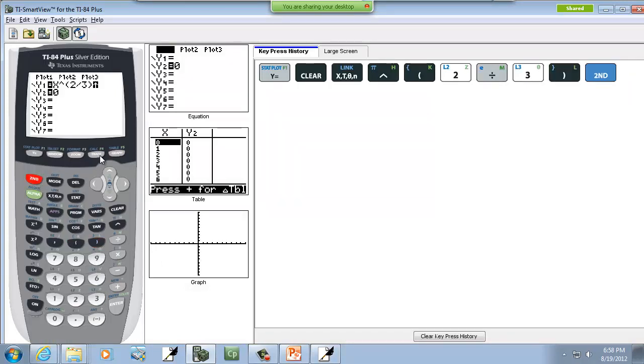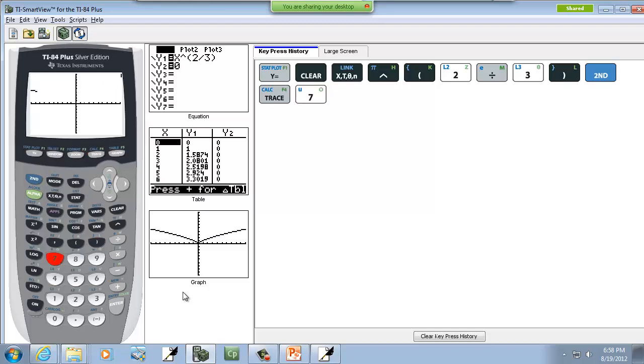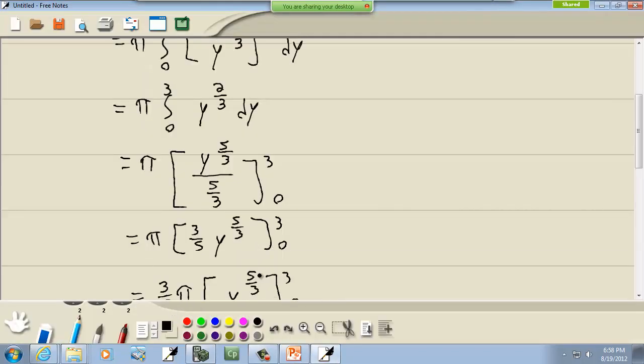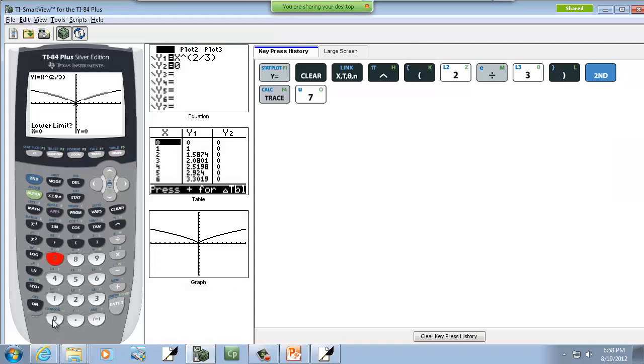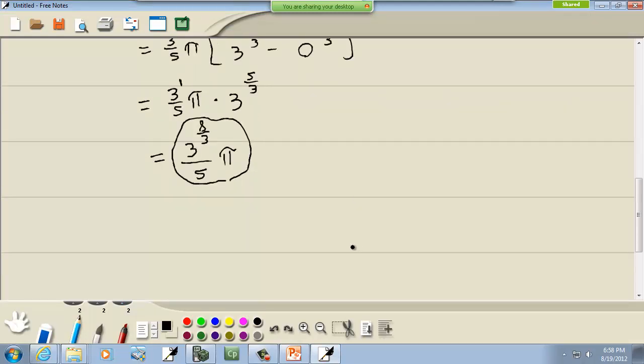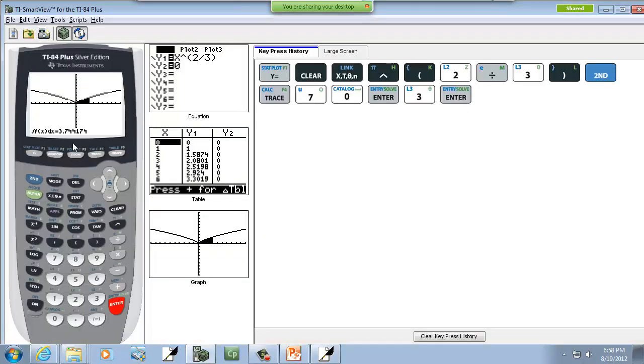And then we'll do second trace, and choose the last one, our integral. And then we're wanting it from 0 to 3. So for the lower limit, I put 0 in, enter, and then 3, enter. And we get 3.744. Question is whether this is the same as 3.744.